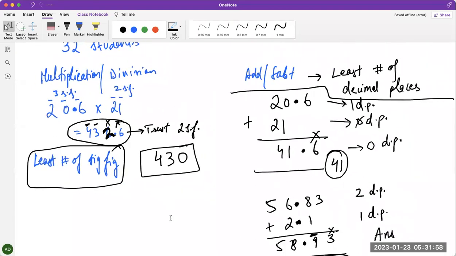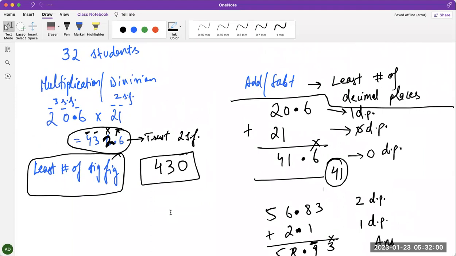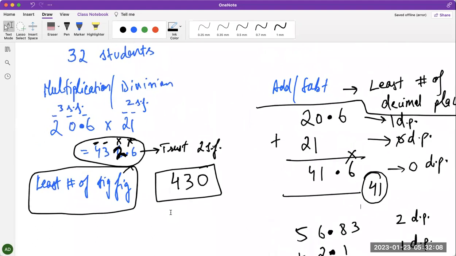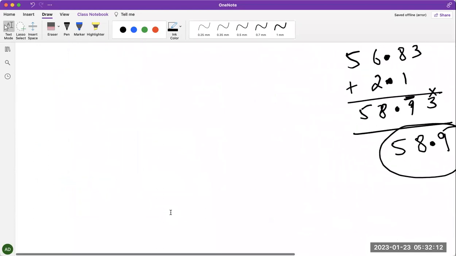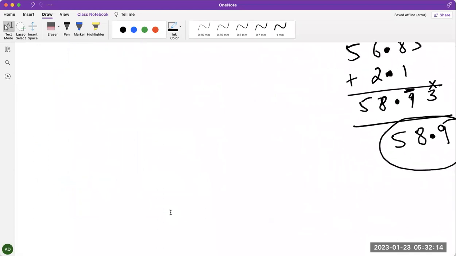So guys, this was the problem where we just learned individually multiplication, division, and then addition and subtraction. You will come across problems where you will be doing both of these in a combination, and you want to make sure you understand that. Let's do problems like that.